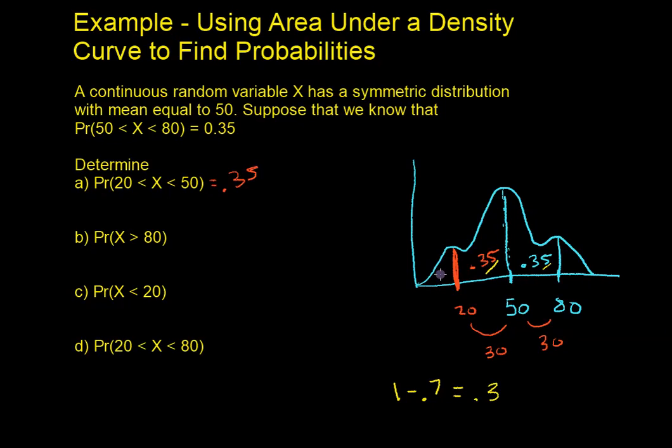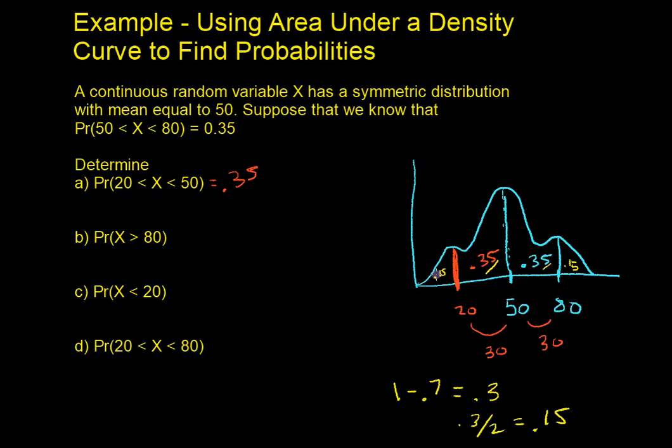Well, again, the distribution is symmetric. So whatever this little area is, it's got to be the same as whatever this little area is. So if they must add up to 0.3, that means 0.15 must be on that side, and 0.15 must be on that side, because 0.3 divided by 2 is 0.15.